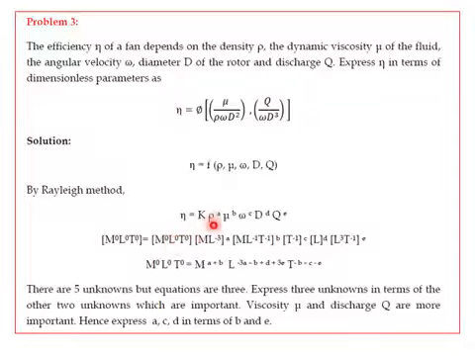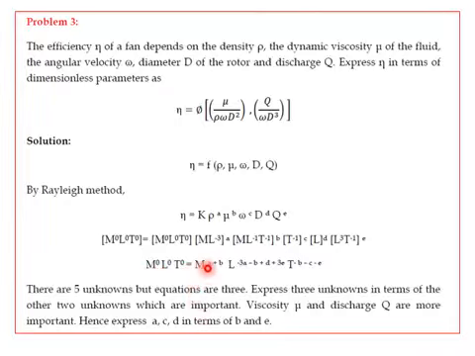So we have density as M L^(-3) to the power of a, mu, you know the dynamic viscosity, is M L^(-1) T^(-1) raised to the power of b. Here it is radians per second, so T^(-1) to the power of c, and similarly this is the length term, so power of d, and discharge is nothing but meter cube per second raised to the power of e.